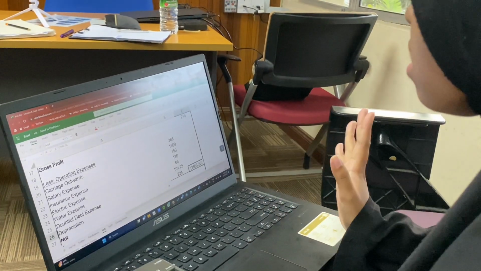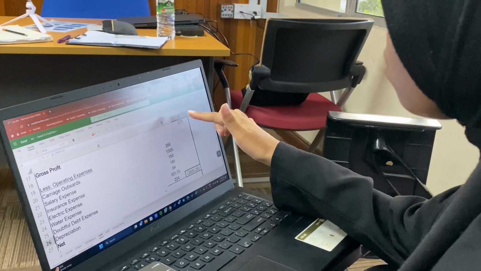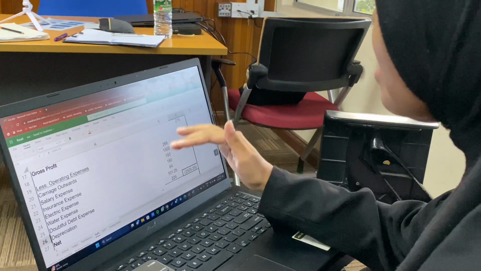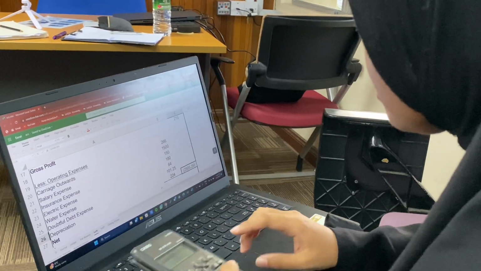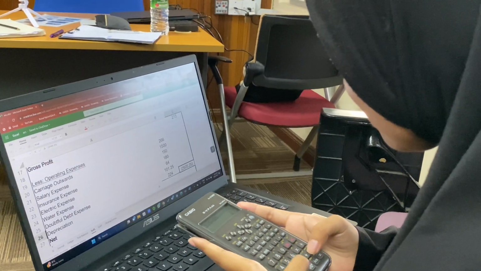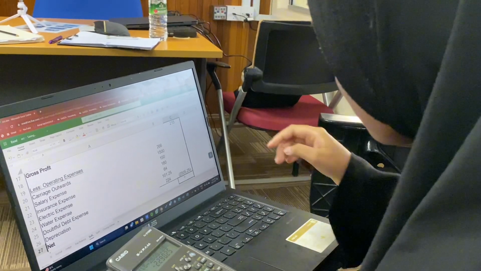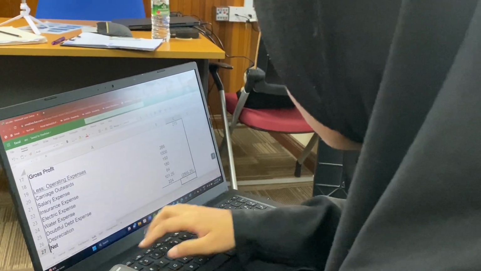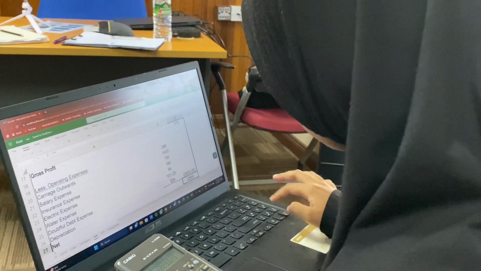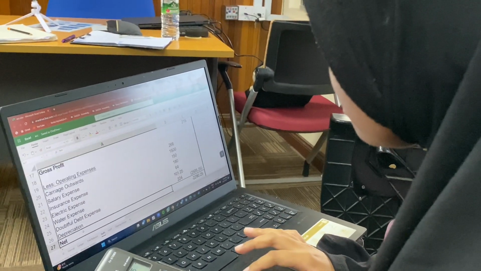To get the net profit or loss, we take the gross profit and minus the operating expenses. So our company gets a net loss.